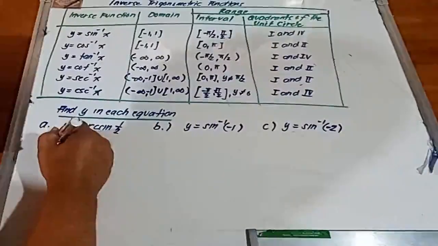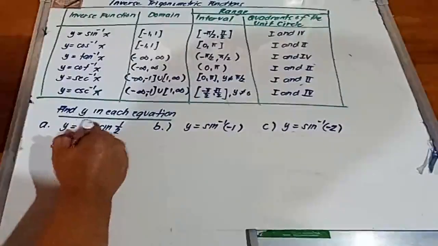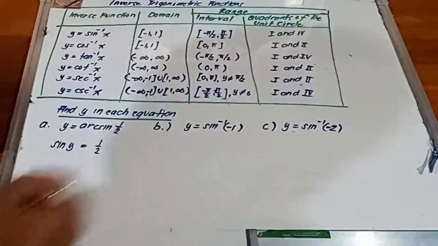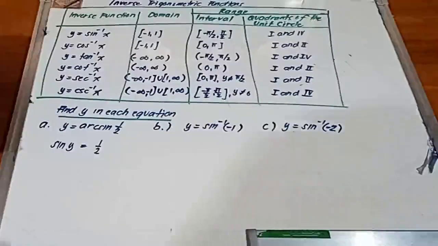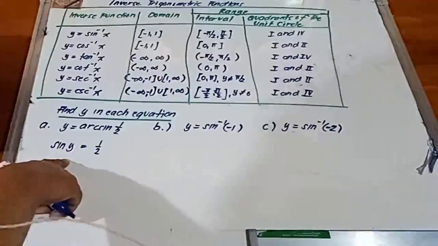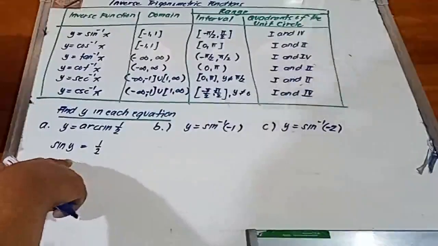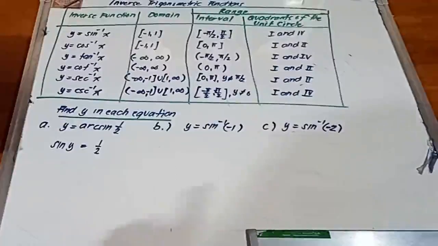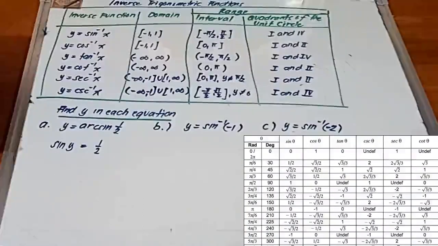This is sine y equal to 1/2. Now, the question is what angle, so that the sine of this angle is equivalent to 1/2. Now, looking at the table na binigay ko sa inyo before, that angle is equivalent to what? That is 30 degrees. Okay?